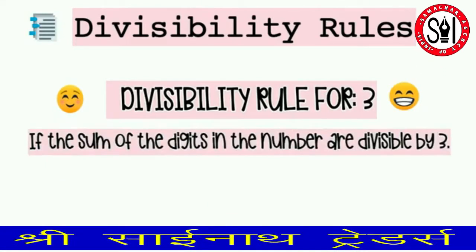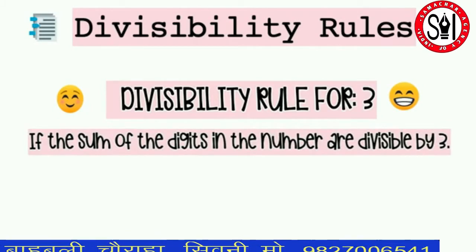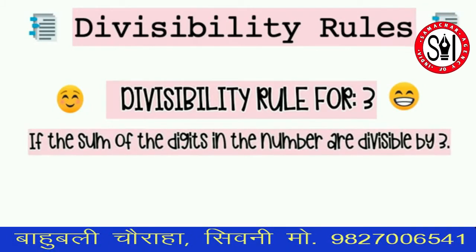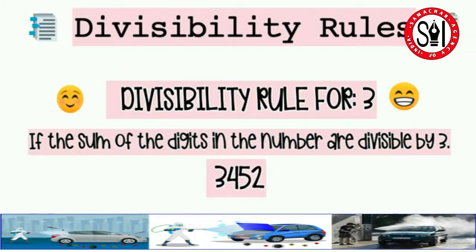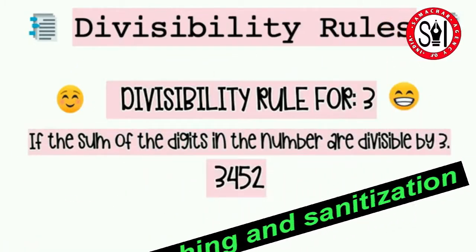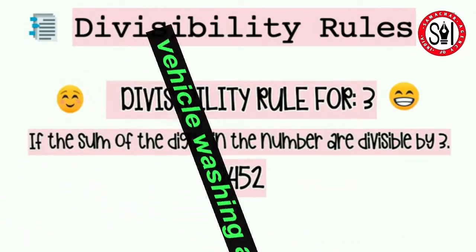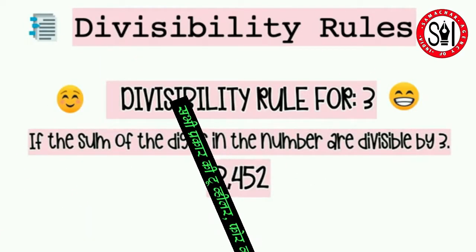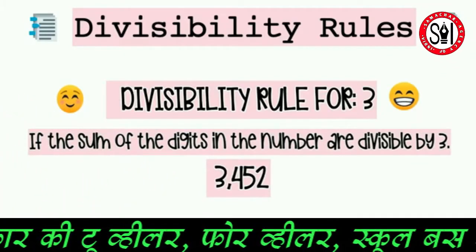So now we're on to the divisibility rule for number 3. The rule for number 3 is if the sum of the digits in the number is divisible by 3. So we'll take 3,452 as an example. Oopsies, I forgot the comma. Okay, so I added the comma, and now let's get on to dividing.